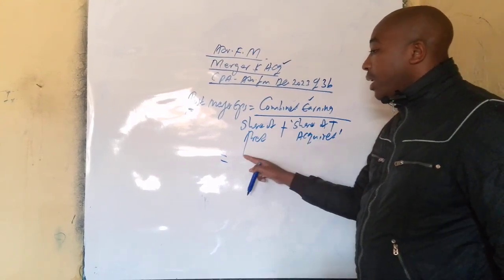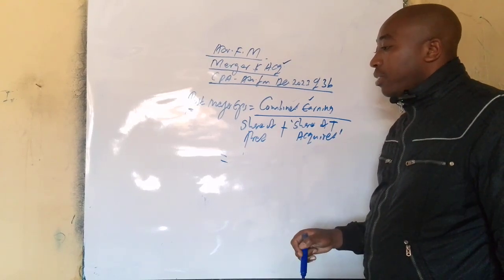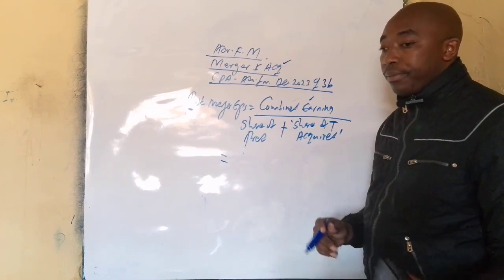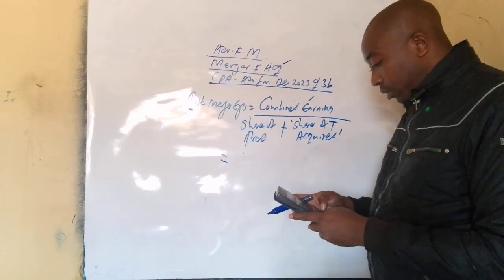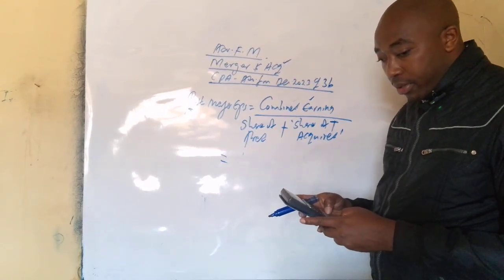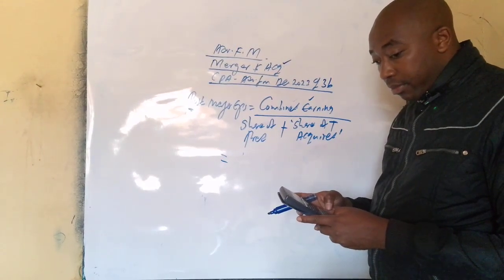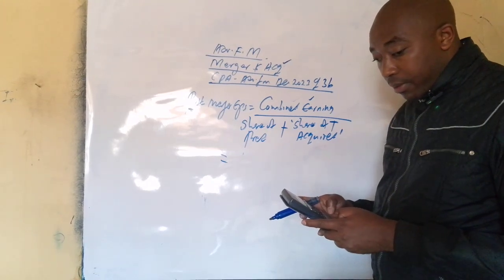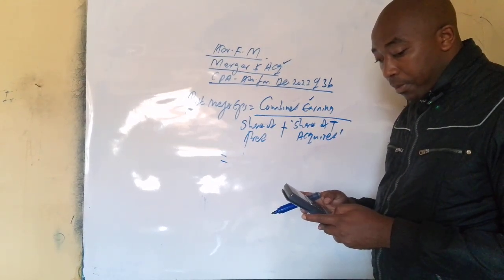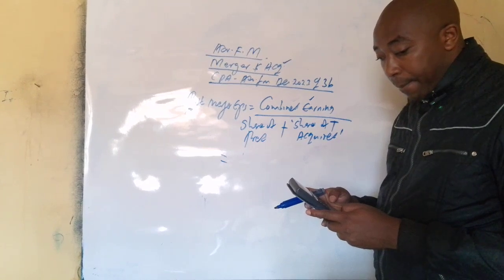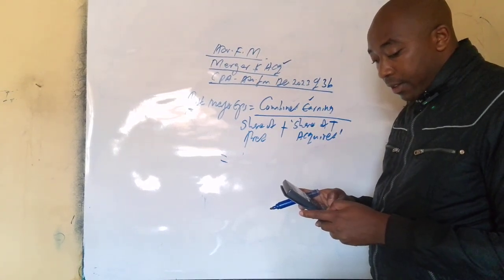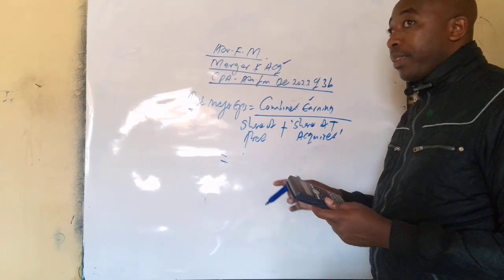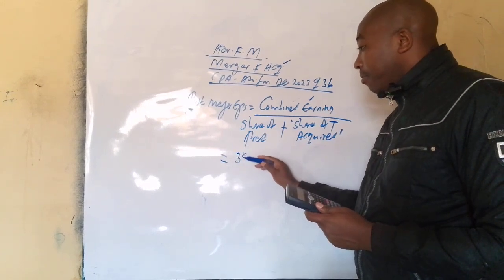And for Kubwa Limited, how much was the profit after tax? We took 100 minus 30, minus 10, minus 5. You see? Then we multiply by 0.7, that is 38.5.